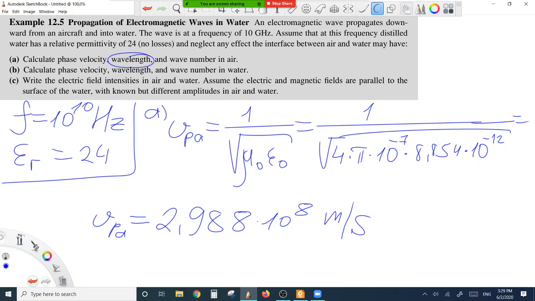Okay, the next is wavelength. What is the wavelength? We said lambda is equal to phase velocity divided by frequency.